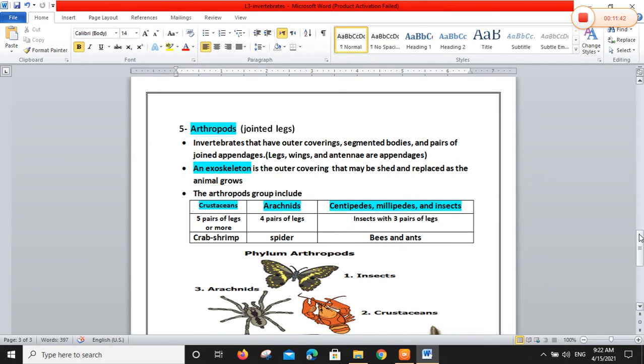Okay. Number 5, arthropods. What's meant by arthropods? Jointed legs. Invertebrates that have outer coverings, segmented bodies, and pairs of jointed appendages.